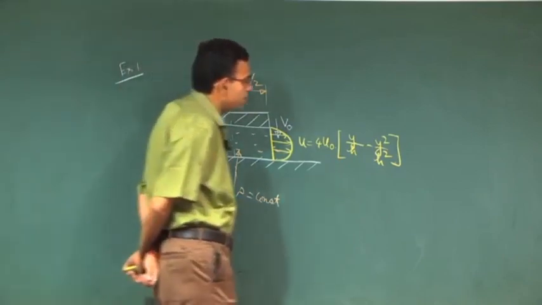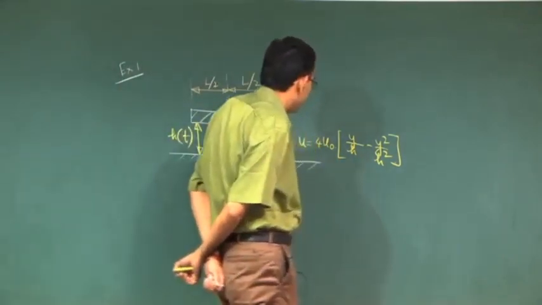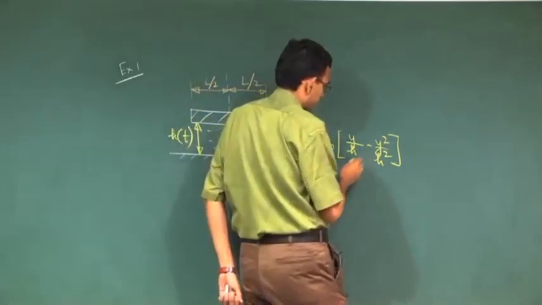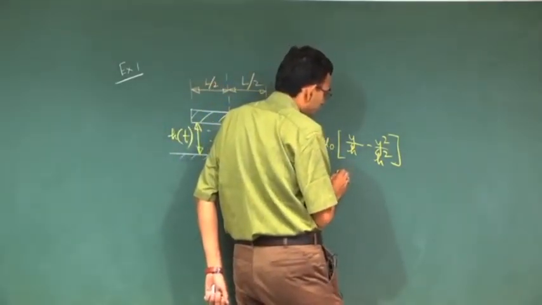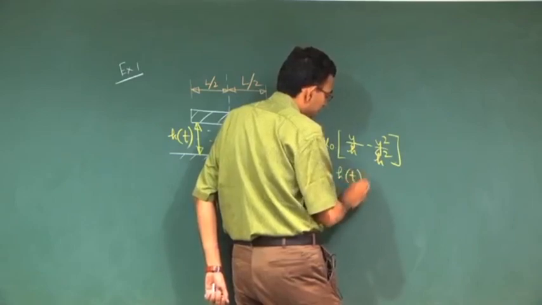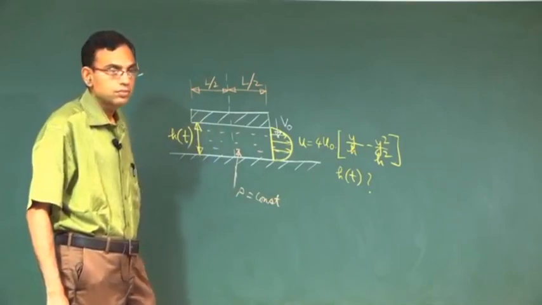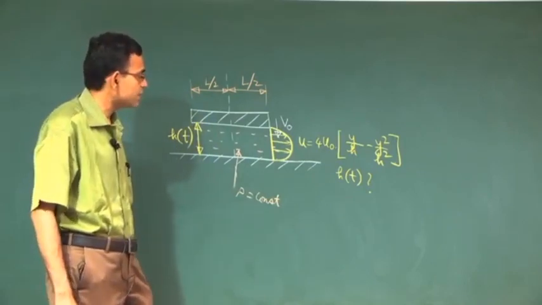So, the objective is to find out from here the relationship between h and time, that is h as a function of time. What is that? This is the first objective.